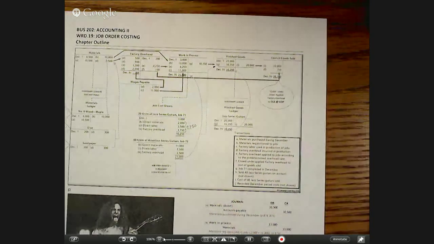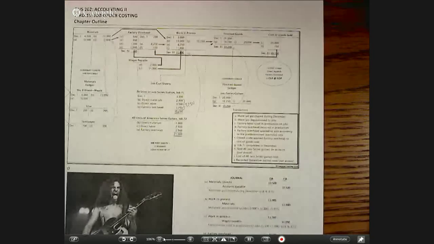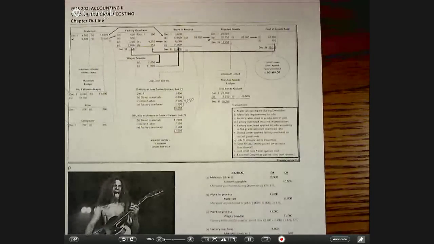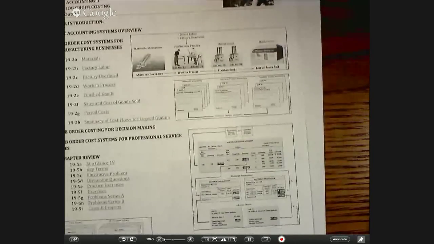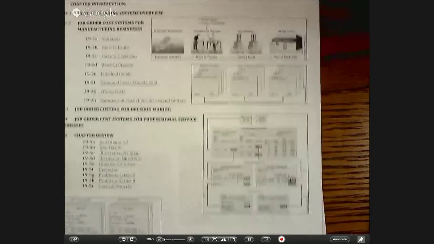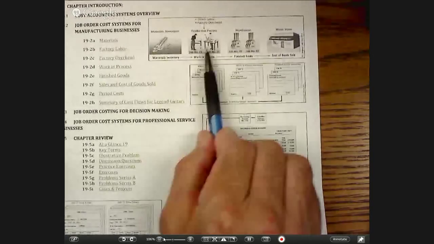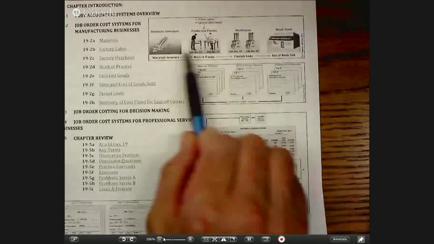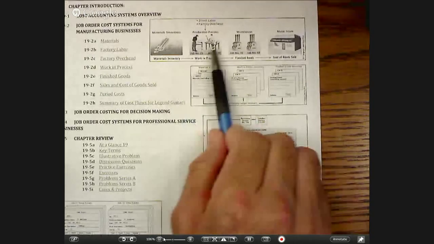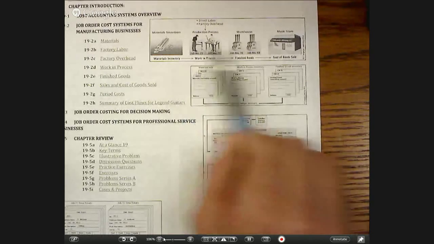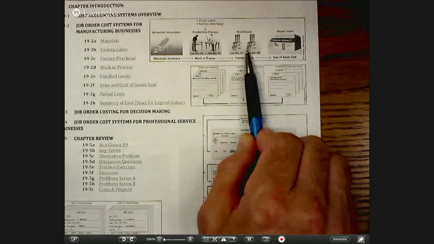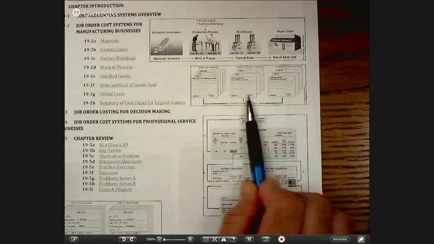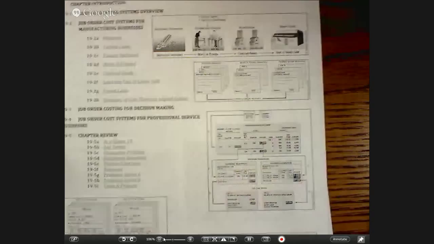Okay, so let's review. What we did is to try to illustrate, using the example that was in the chapter, the work that's on the factory floor, the materials warehouse, the work on the floor, and then the finished goods warehouse, and associate them with the accounting records.